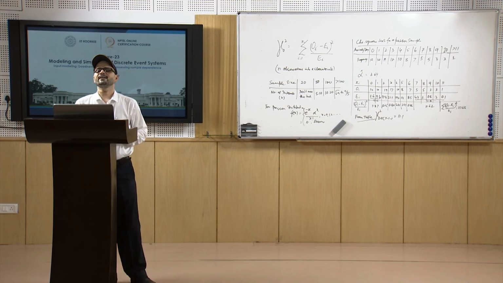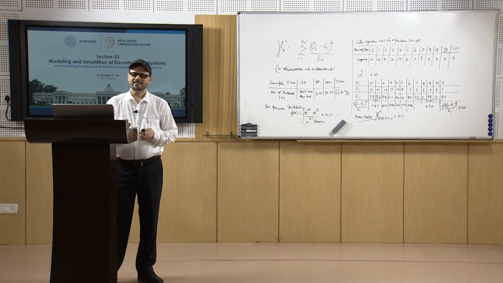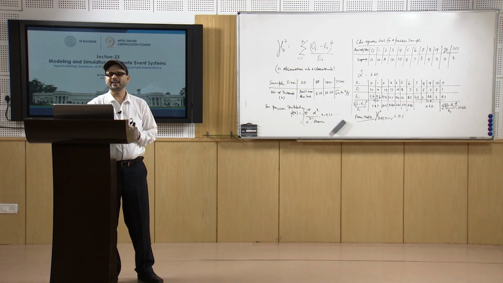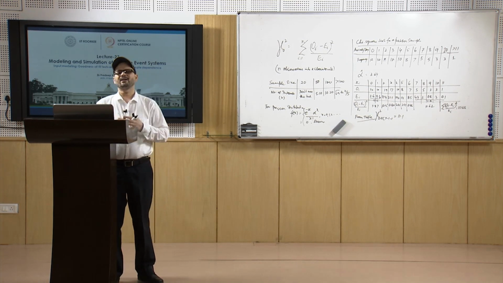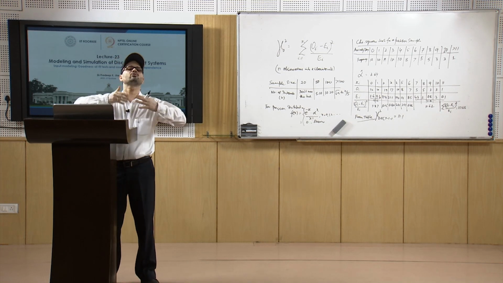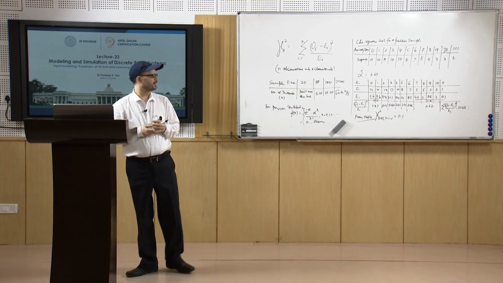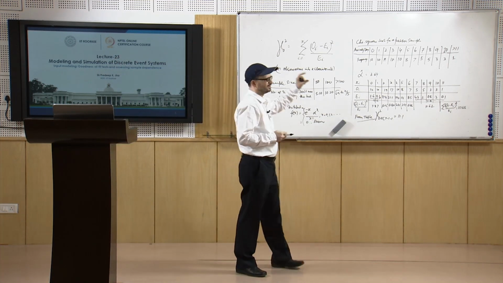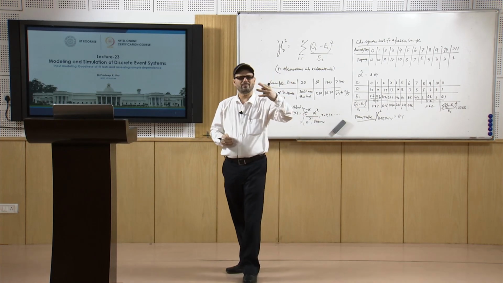Now, the next case is that many a time we have to see that when we take the intervals, it should be for intervals which have equal probability. We should do the test for those intervals where there is equal probability.